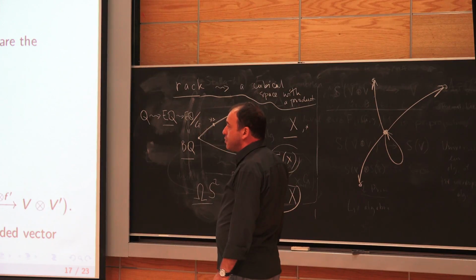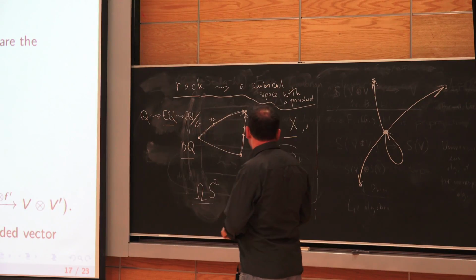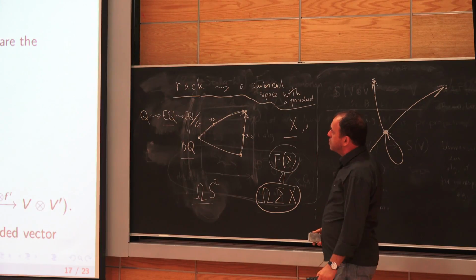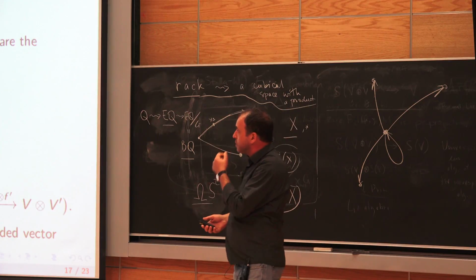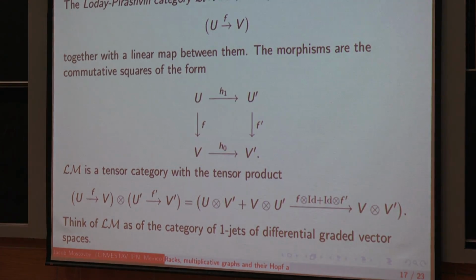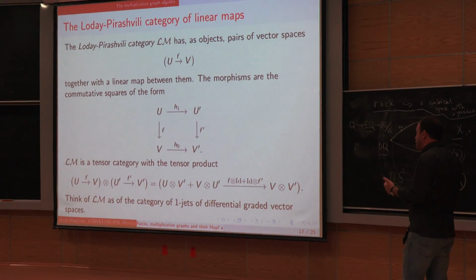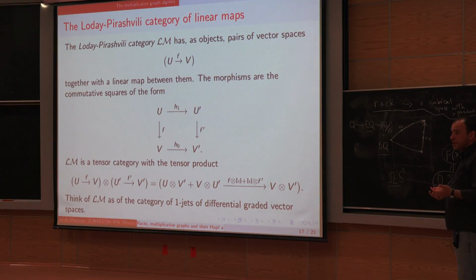So let me now go in a slightly different direction. This is something that I mentioned. So this Loday-Pirashvili category of linear maps appeared in a paper by Loday and Pirashvili, where they were trying to interpret Leibniz algebras as some kind of mainstream objects.